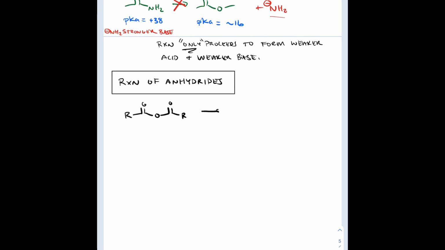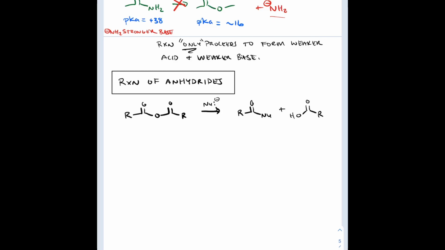So let's go over the reaction of anhydrides. So anhydride, here you go. If we have a nucleophile, it's going to attack the most electrophilic carbon. Well, there's 2 carbonyl carbons here, and they're both nestled in between 2 oxygens, so they're very electrophilic.